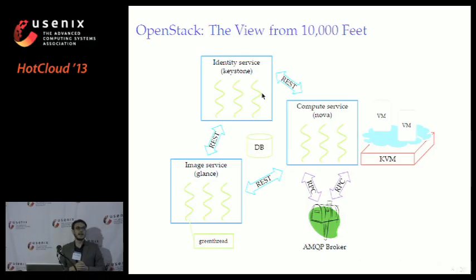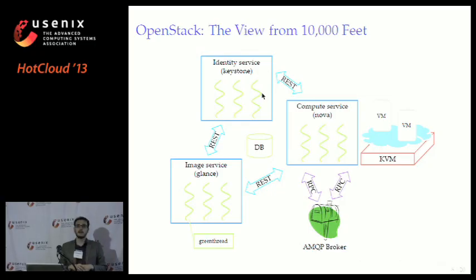So OpenStack is not unlike other distributed systems. It's composed of multiple components. So it has an identity service, image service, compute service. It has a lot more that I haven't drawn here. Most of these components communicate with each other through RESTful interfaces. But they also use RPCs within the service.